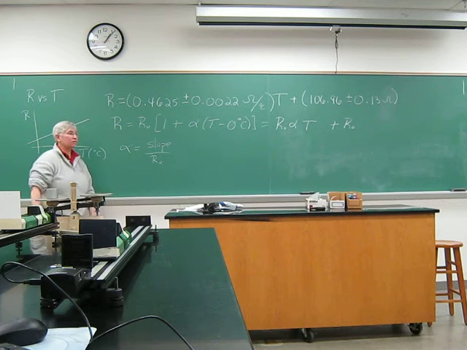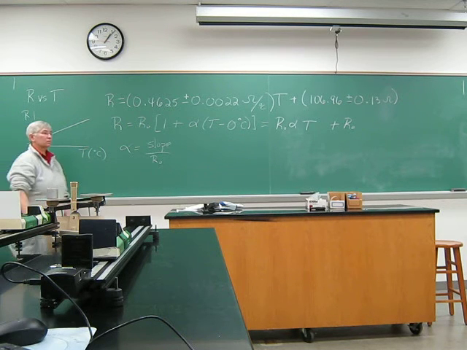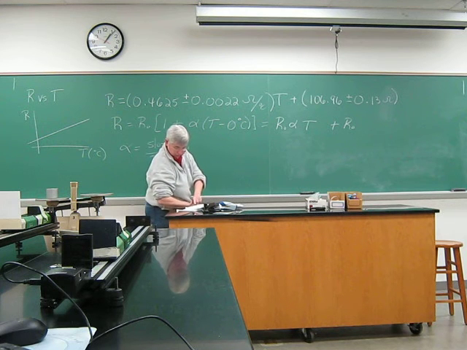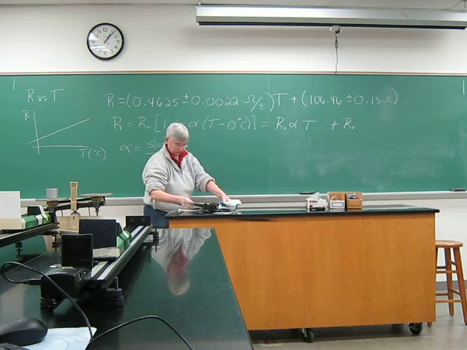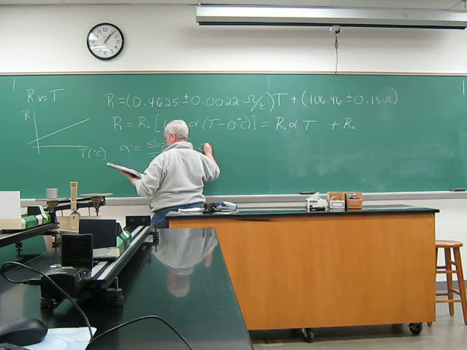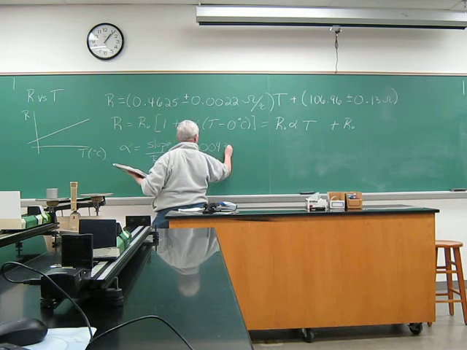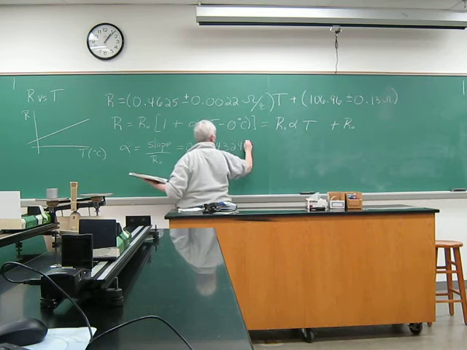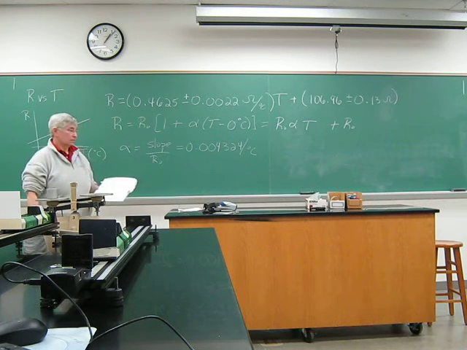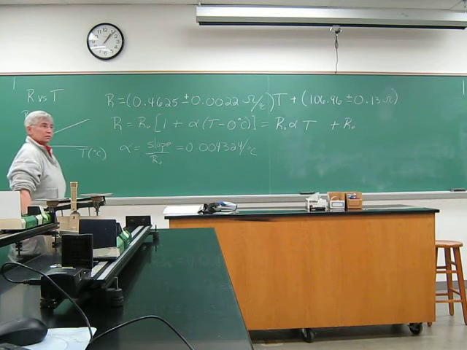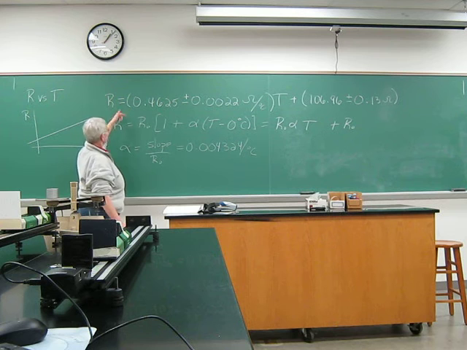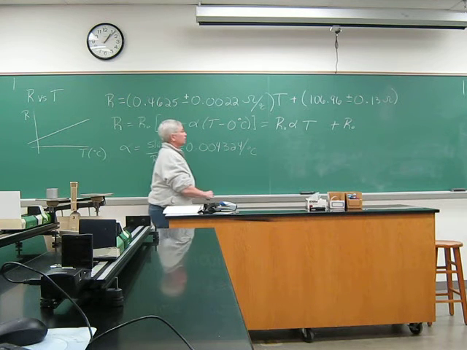divided by R0, okay, and I'm going to find the value for that. Okay. So now I'm going to go ahead and get the uncertainty in alpha using the general form.